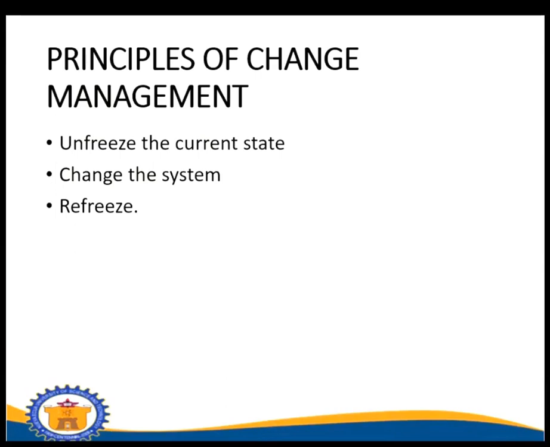Principles of change management. Three principles of change management build on three stages of change management, introduced by Kurt Lewin in his seminal book, Principles of Topological Psychology. The first one is to unfreeze the current state. The change agents need to identify what precisely they want to change.